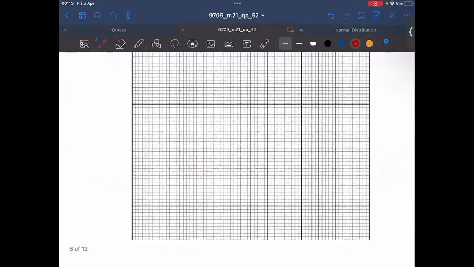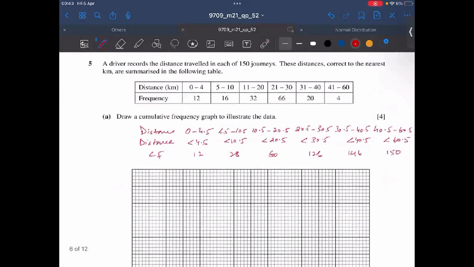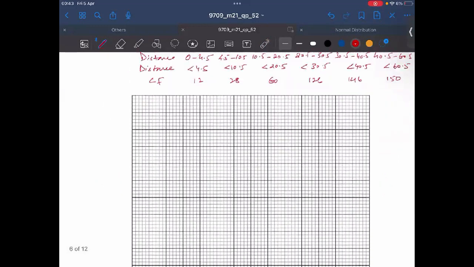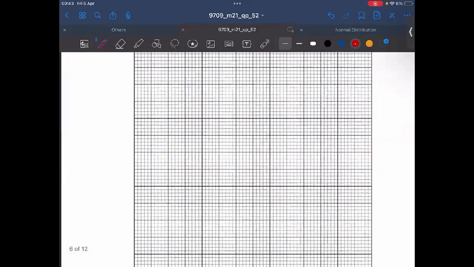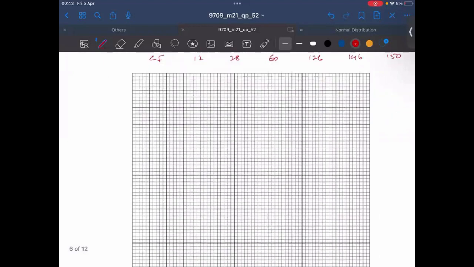All right. Now I'll be drawing it. I have distances from 0 to 60.5, so 10, 20, 30, 40, 50, 60, 70. And cumulative frequency I have until 150.